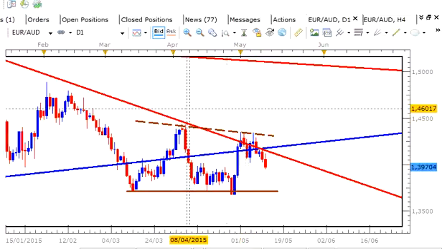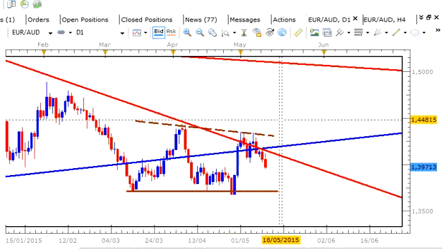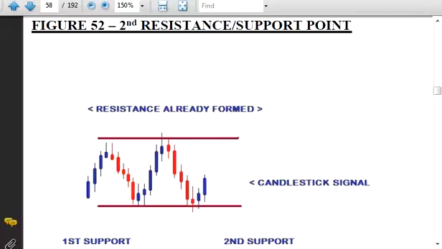Now, this overall situation is what we can call trading within a consolidation, and more specifically anticipating the second resistance or support point of a consolidation barrier. This is basically the theory behind the setup.